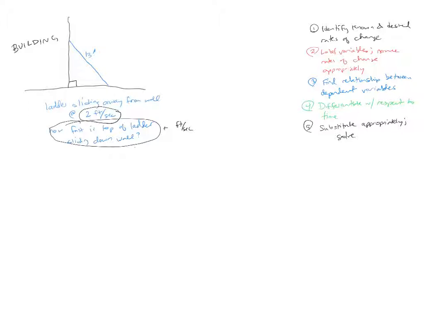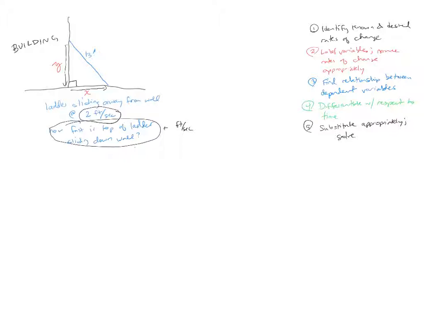Now, the ladder sliding away from the wall is this quantity here, the change in that, and the ladder sliding down the wall is this quantity here, right? So we need to give those variable names in step 2. The variable names, you can call them whatever you like. Since this one's going vertically, I'll call it y, and this one's going horizontally, I'll call it x.